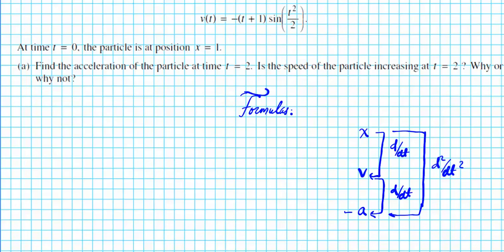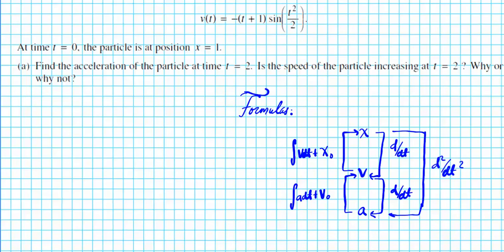So if you're going from acceleration to velocity, you integrate the acceleration plus v0, the velocity at the given start position. If you're going from velocity to position, you integrate the velocity plus the initial position x sub 0. Remember, you differentiate down, integrate up.